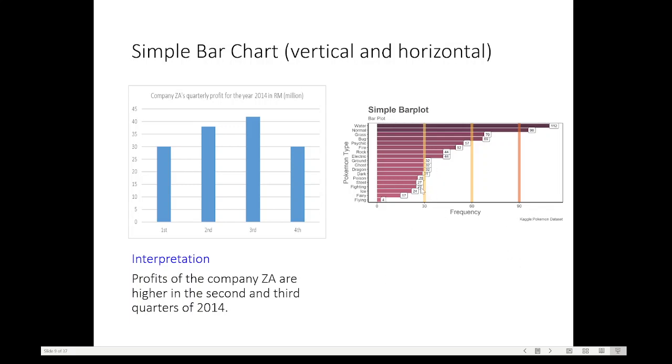Okay, this is the horizontal bar chart. Again it is the same as the vertical bar chart, but in this situation the length of the bar represents the frequency.